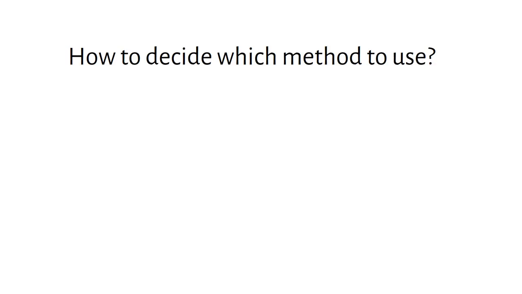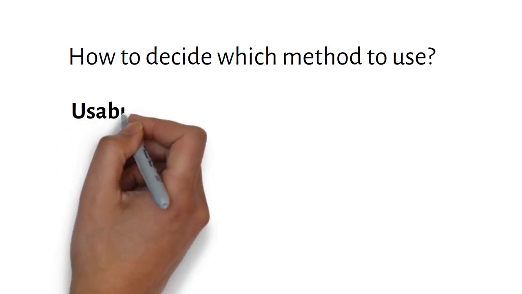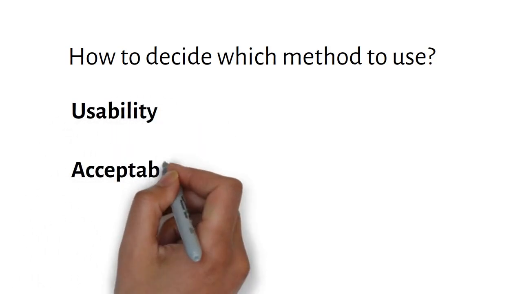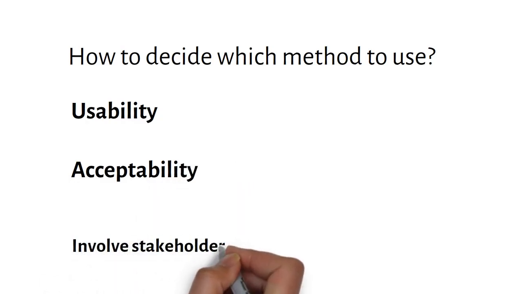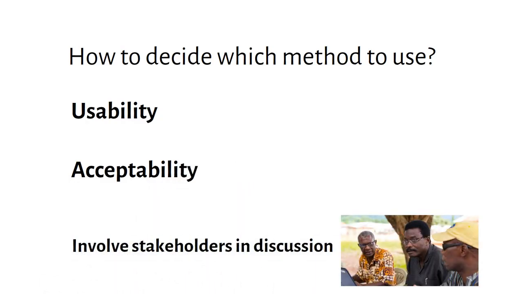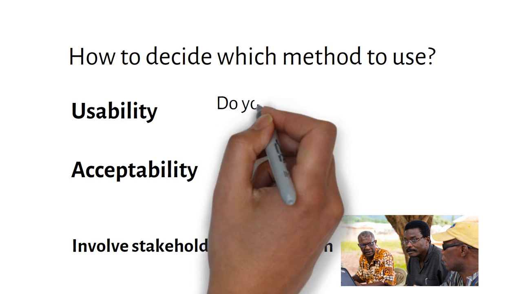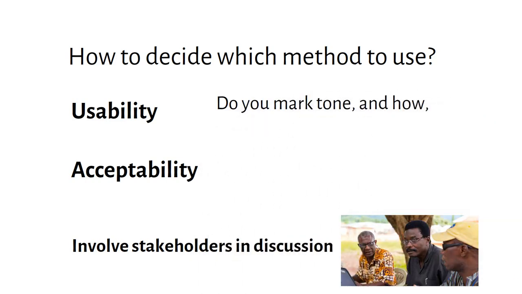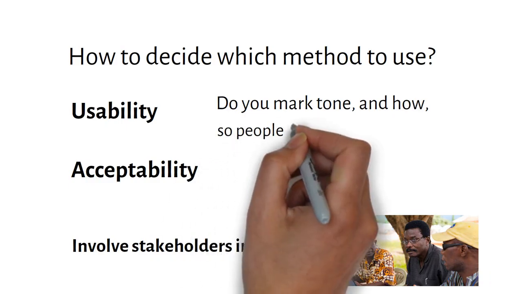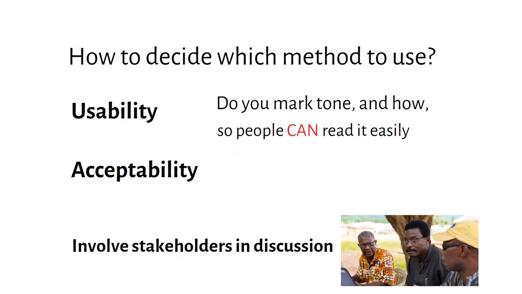So, how do you decide which of these methods to use to mark lexical tone? The same as other decisions in orthography. You want to consider both usability and acceptability and involve stakeholders in the discussion. Usability will determine if you mark tone at all, or if you do, how often or how much tone is marked, so people can read it easily.